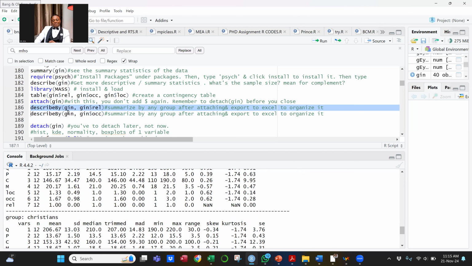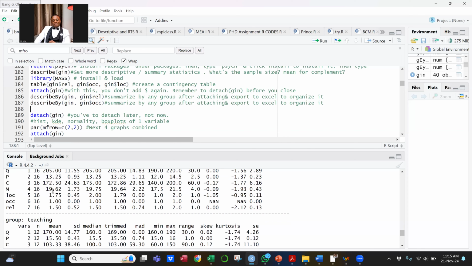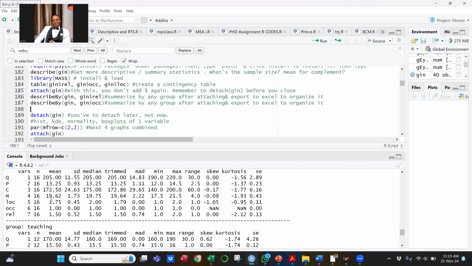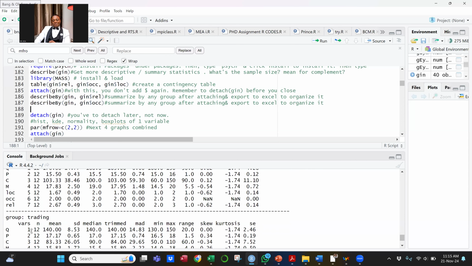You can also group them according to occupation. Okay, I just did that for the next command. In the occupation one, as you can see, the fishers are 16 and the quantity demanded is 205. The teachers are 12, the quantity demanded is 170, and the traders are 12, the quantity demanded is 140.